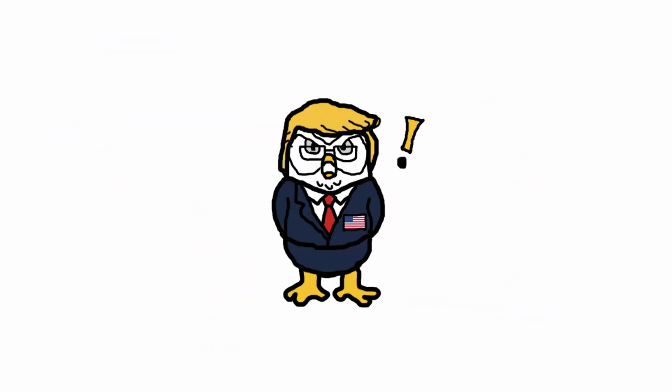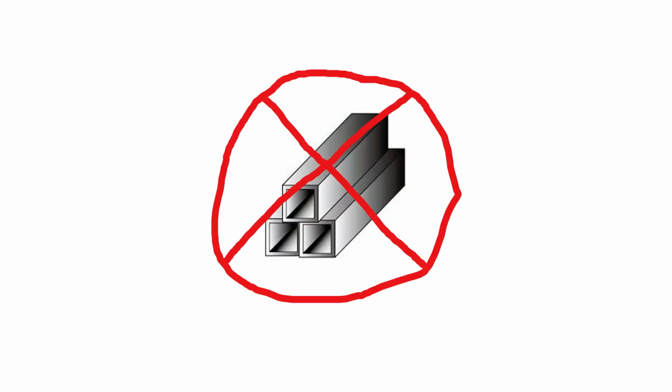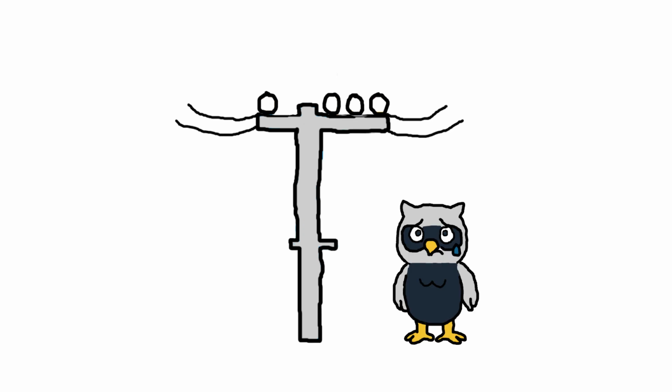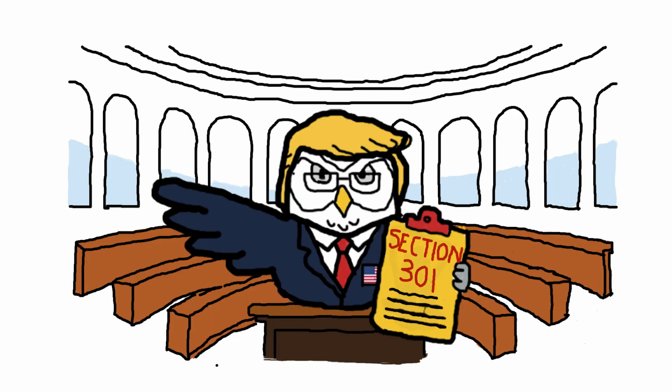The owl president knows their country doesn't make steel. He thinks, what if the neighbor country gets mad at America? They no longer give us any steel. The electricity grid fails because there's no steel. The owl president uses Section 232.